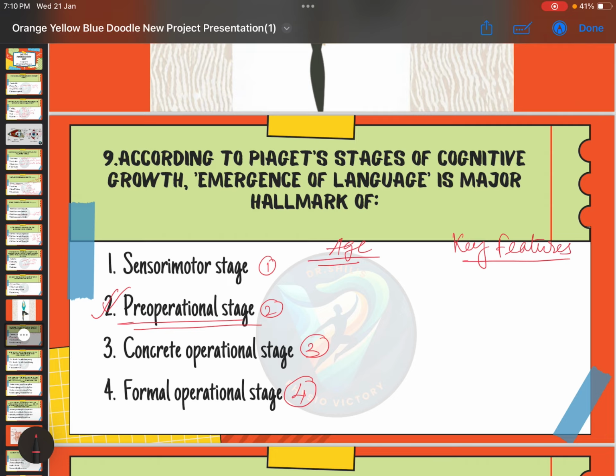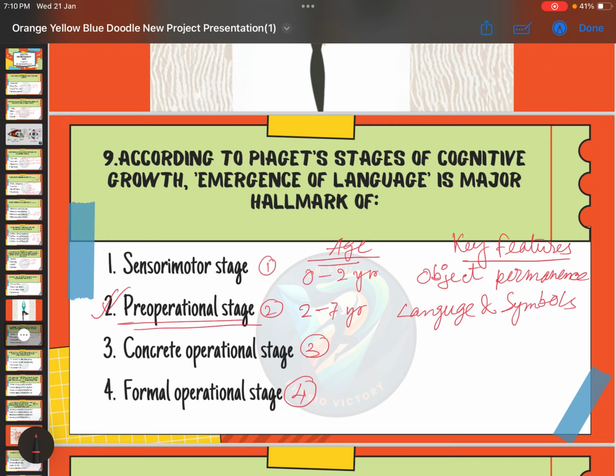Sensory motor stage is from 0 to 2 years, and the key feature is object permanence. Pre-operational stage is from 2 to 7 years, and language and symbols are key features.